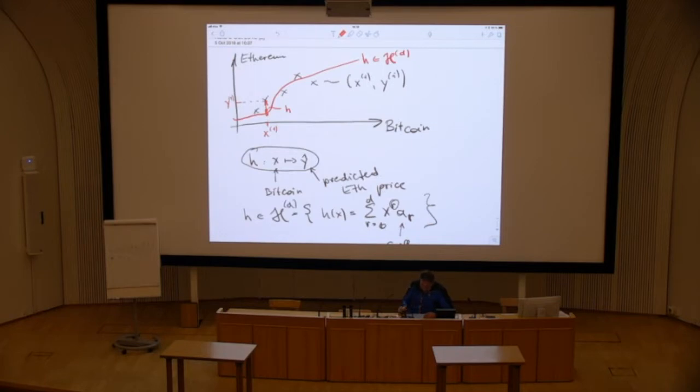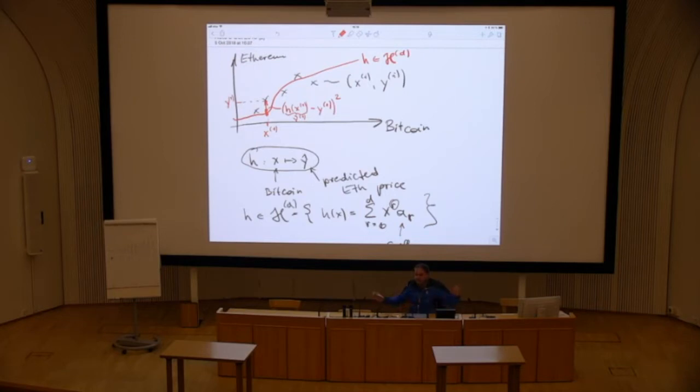For such a labeled data point, we can evaluate the squared error loss. We apply the predictor, and this is the predicted Ethereum price for the first data point. This is typically different from the true price that we recorded, and then we square it. So this is the loss for one data point.